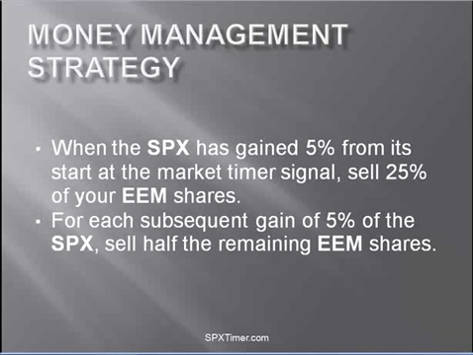Note, this is the identical money management strategy used to trade leveraged ETFs for the S&P 500, except in this case, we are substituting EEM for the trades of those ETFs.